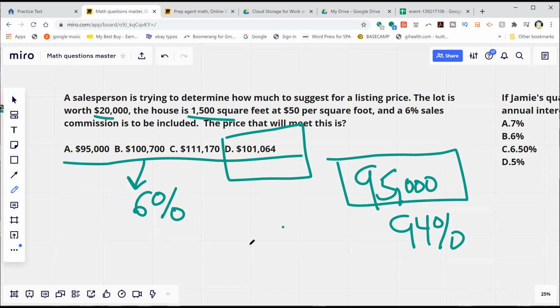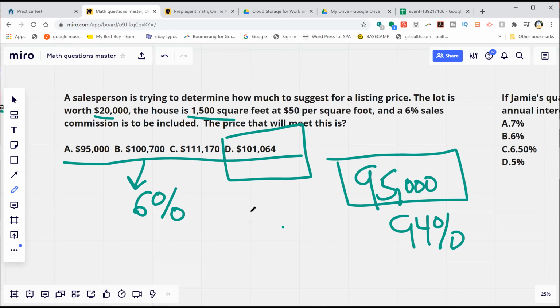So what happens is this, okay? The reason we got the 94% is that, and that's where people always get confused, where I'm getting 94%. The 6% commission has not been included yet, okay?